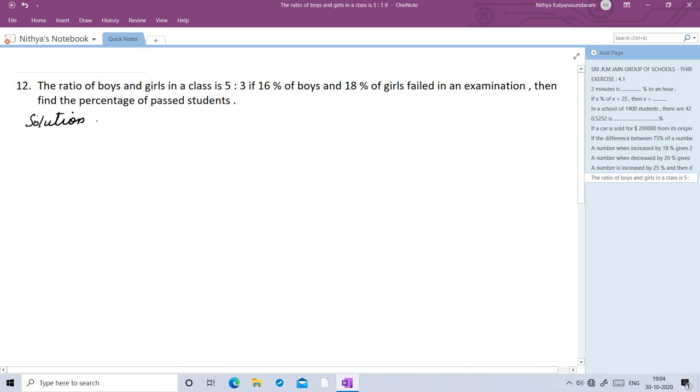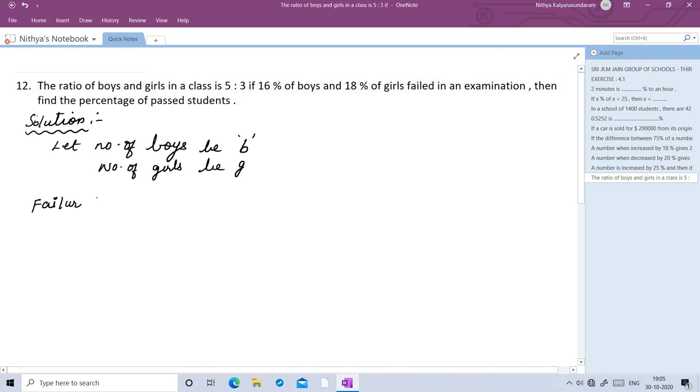So first let's consider the number of boys be B and the number of girls be G. Then the failed percentage alone is given. Failure in boys is equal to 16%.